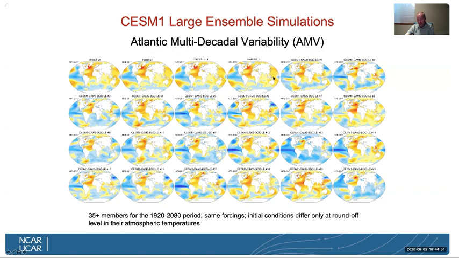These top 4 panels from left to this point are observation and reanalysis. And then for the remaining plots, I'm showing only 20 ensemble members here. They show the ensemble member representation of this regression.